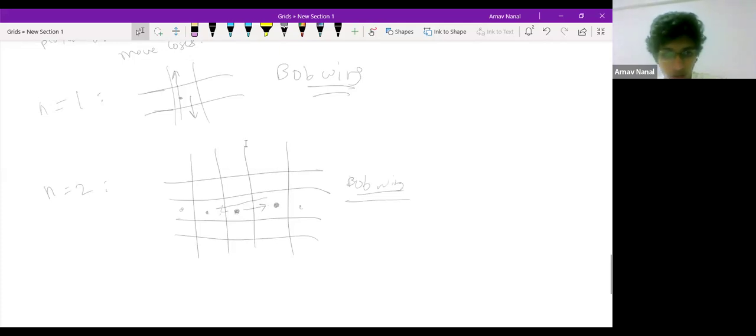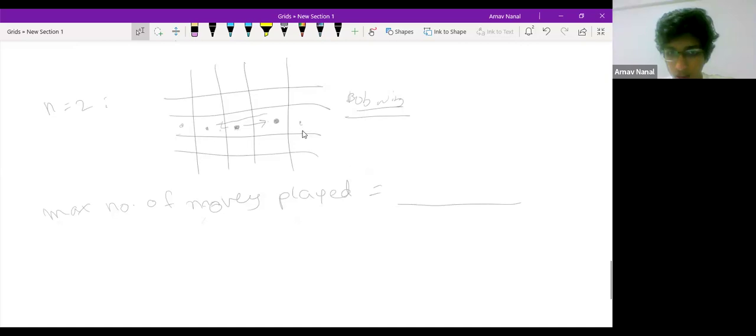Okay, so can you tell me an upper bound on the maximum number of moves that can be played? 2n plus 1.